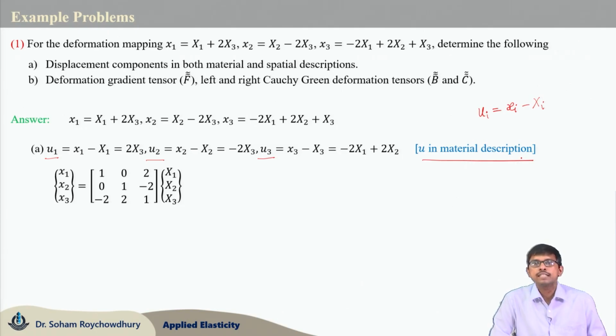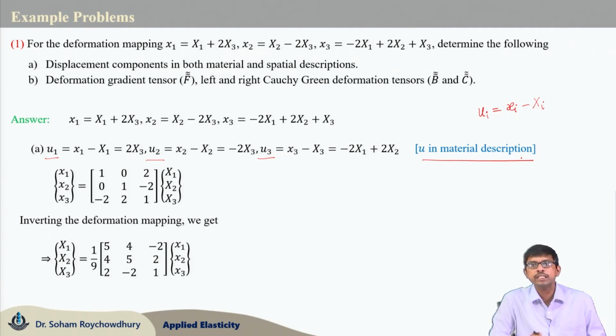So, x is equal to this matrix, 1 0 2, 0 1 minus 2, minus 2 2 1, times the vector X1, X2, X3. This matrix refers to the deformation gradient tensor. Now, if you invert this matrix, then the vector X1, X2, X3 can be written as a function of the vector x1, x2, x3.